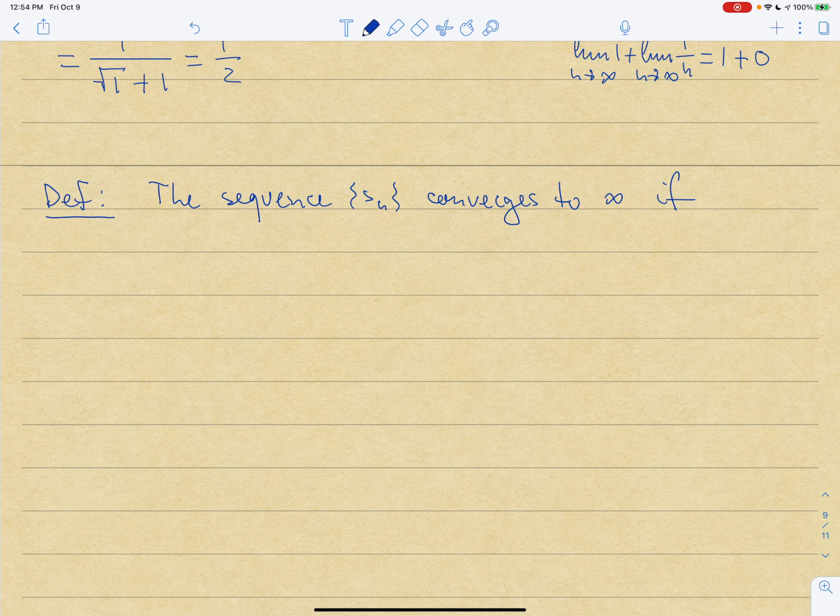It means that the terms of that sequence are going to become arbitrarily large if the index n becomes large. What does it mean that the elements can become arbitrarily large? They're going to exceed any number that you choose eventually.